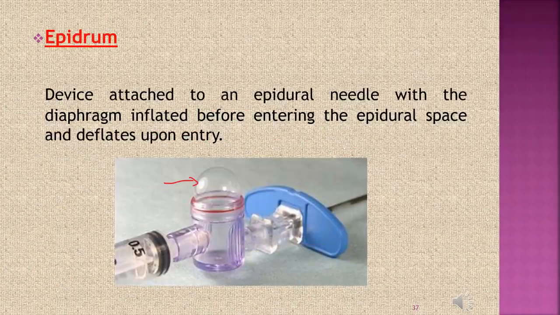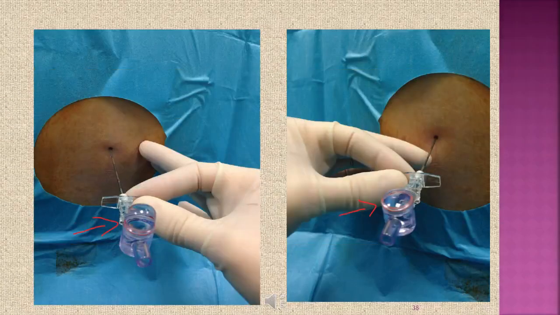There is a device known as epidural. It is attached to an epidural needle with the diaphragm inflated before entering the epidural space, and the diaphragm deflates upon entering. We can see from the picture the diaphragm is inflated before entering the space, and as soon as the space is detected, it gets deflated.